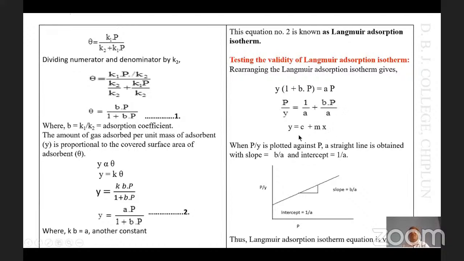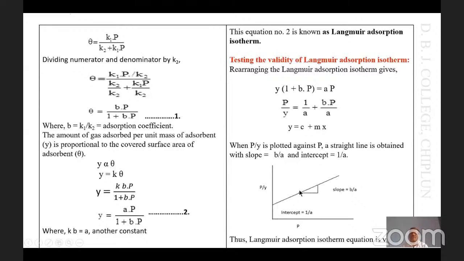This equation is of the type y is equal to mx plus c. This is the equation of a straight line having an intercept on the y-axis. By using the experimental values of P upon Y on the y-axis and the pressure values on the x-axis, when we plot a graph, we will get such a straight line plot.